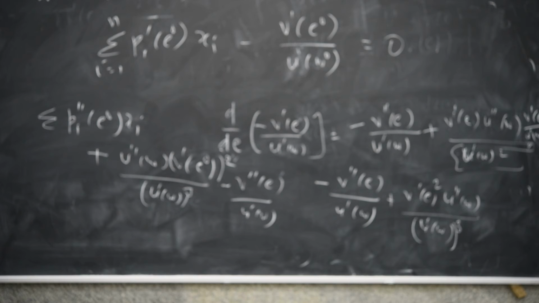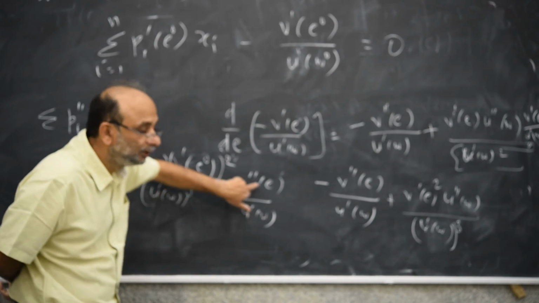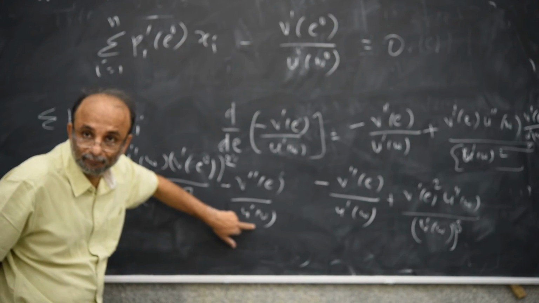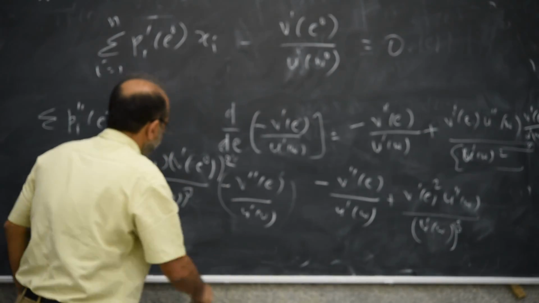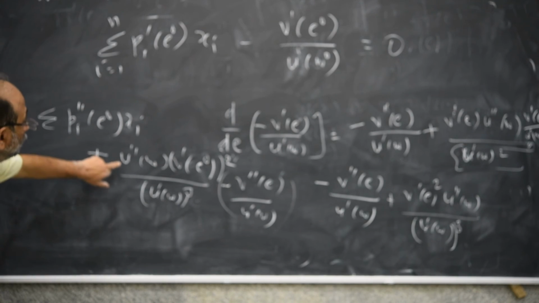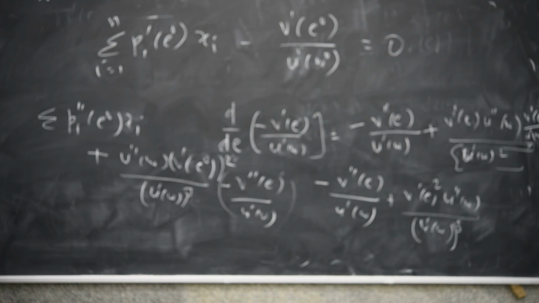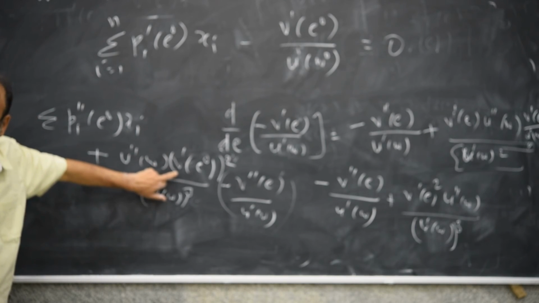Right. So friends, tell me one thing. What is V double dash of E? So this is positive. This is positive. So this ratio is positive, which means that this term is negative. What can you say about U double dash of W? V dash of E the whole square will be positive, necessarily.